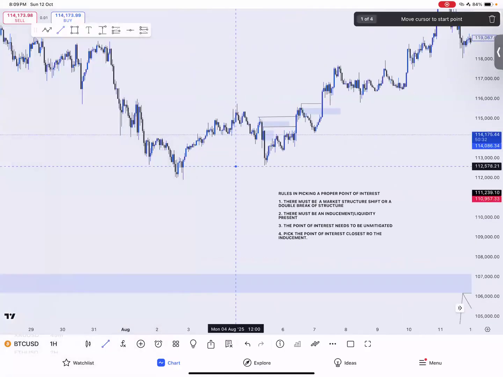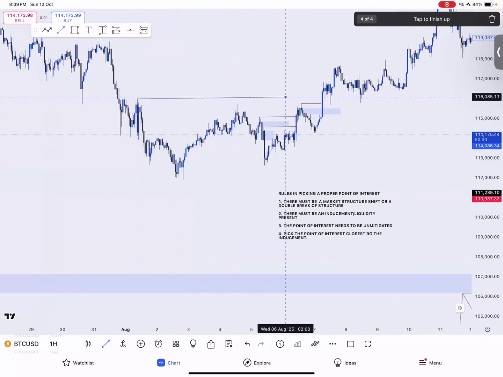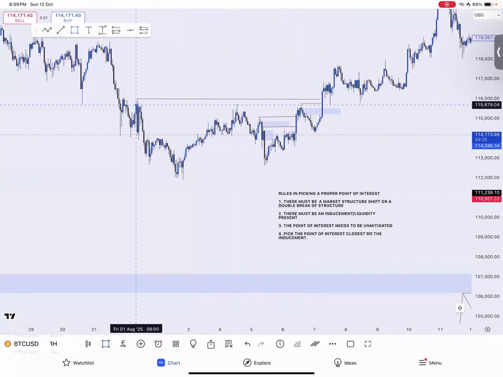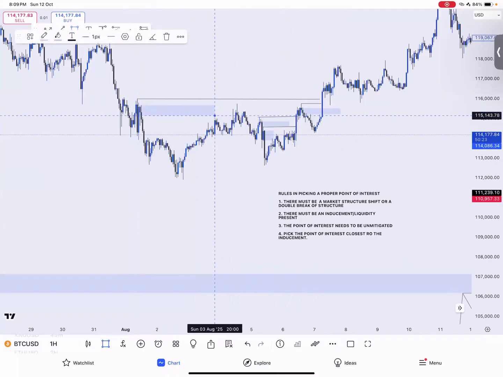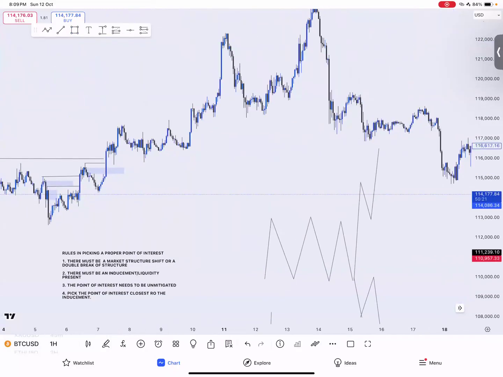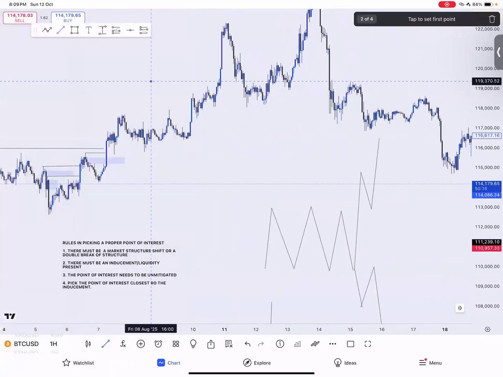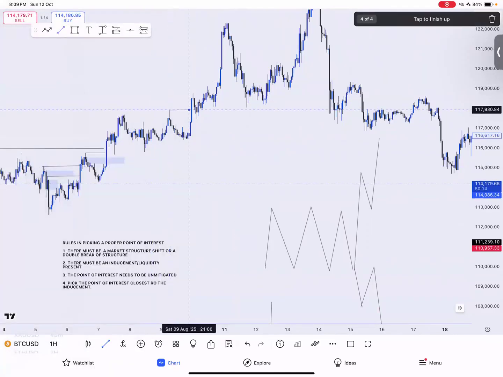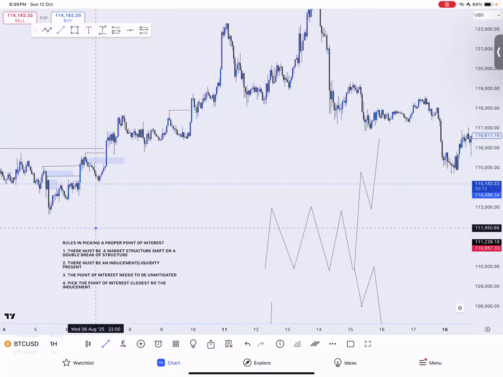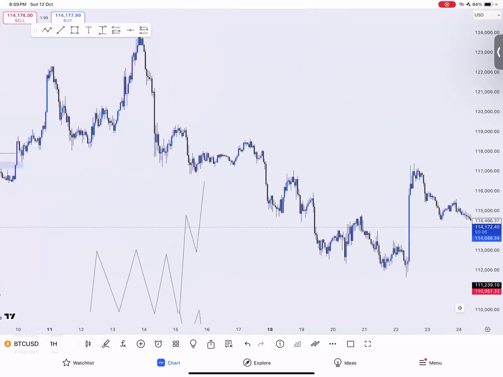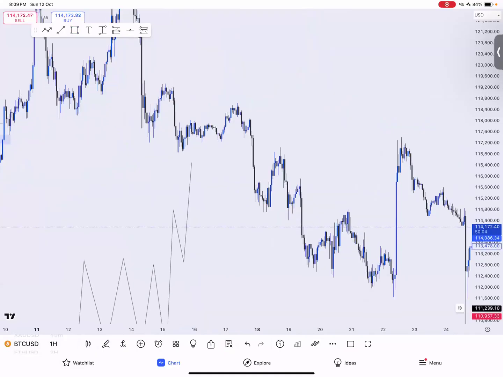Same thing, the moment this high was taken out, the body of this high becomes a breaker block. So every high, every low that price takes out, the body of that high or low becomes a breaker.